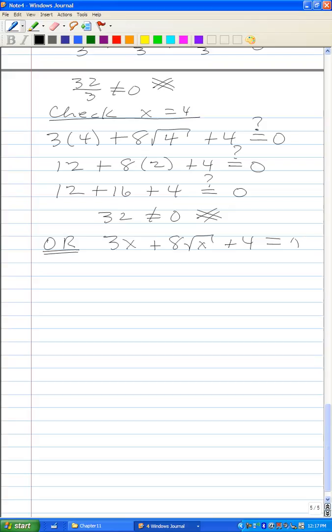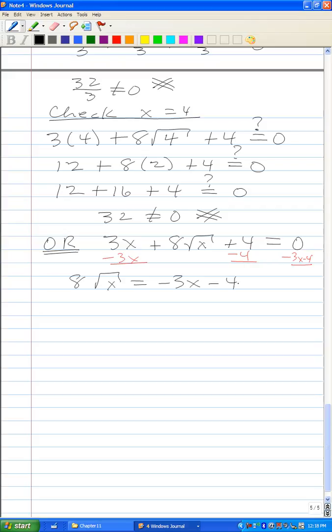Actually, this is the same as what we've done, I guess, one or two chapters ago when we looked at the radical equations in that chapter dealing with radicals. So let's subtract 3x and 4 from both sides of my equation in order to isolate the radical on one side. And so 8 radical x equals negative 3x minus 4.